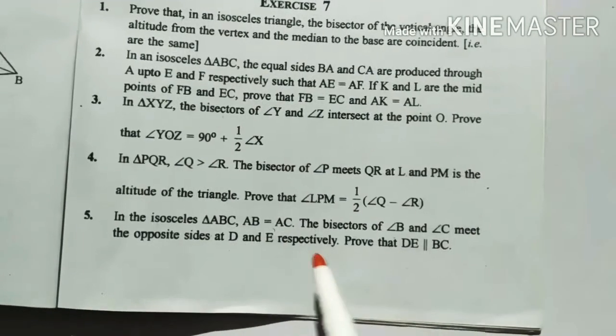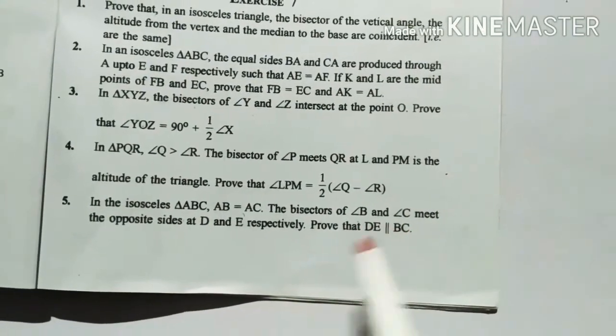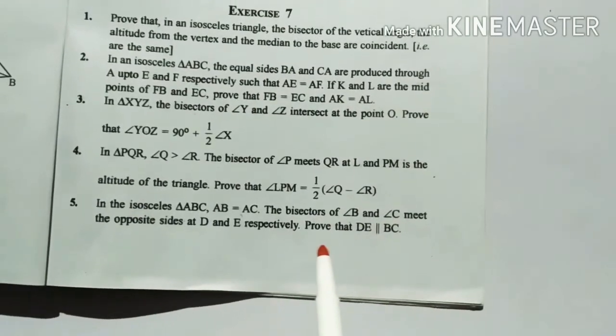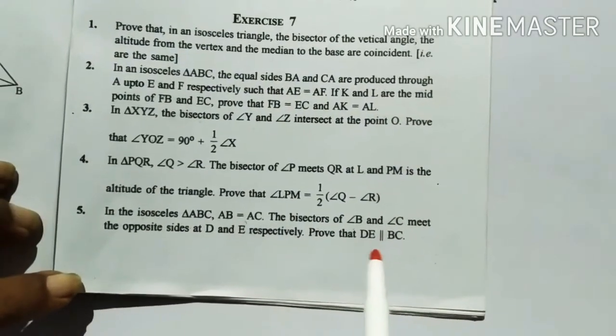In an isosceles triangle AB equal to AC, the bisectors of angle B and C meet the opposite sides at D and E respectively. Prove that DE is parallel to BC. Question number 5C.